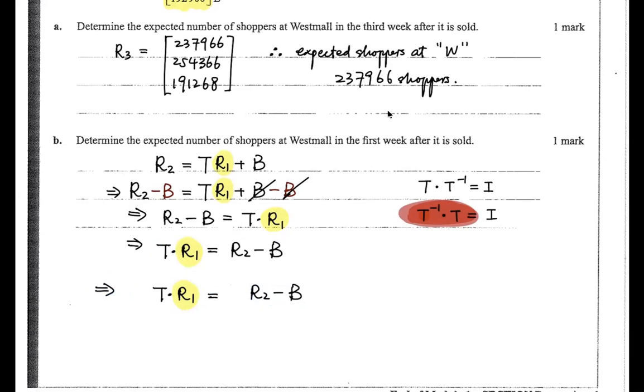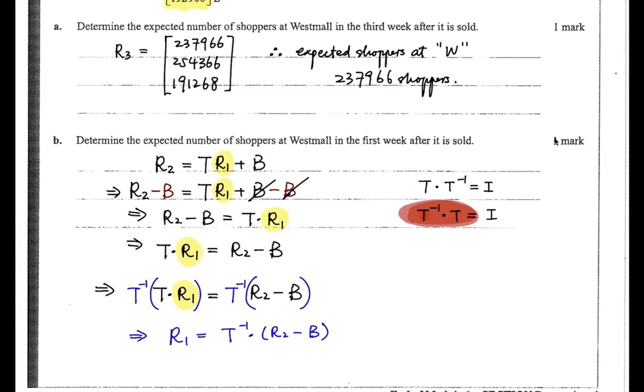Leaving some space for us, so I pre-multiply with T inverse. And this bit is T inverse multiplied with R2 minus B in a bracket, okay? Bracket is important here. So now we derived our R1, which is T inverse times R2 minus B.